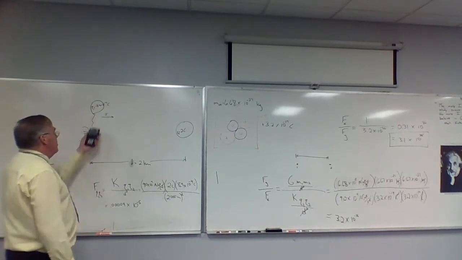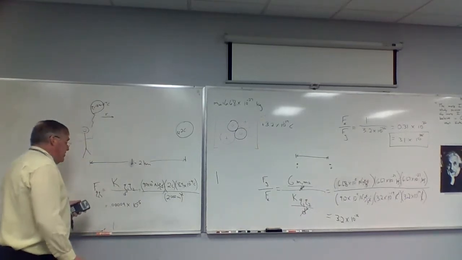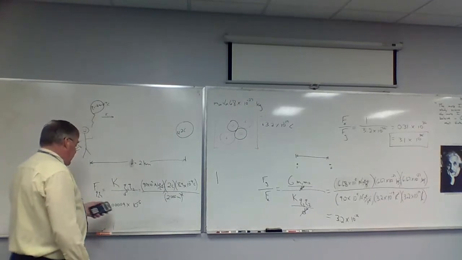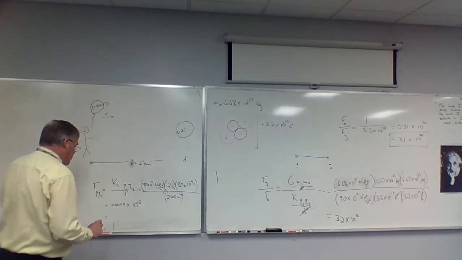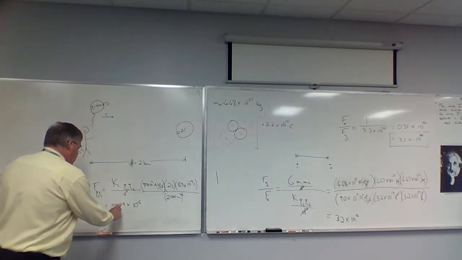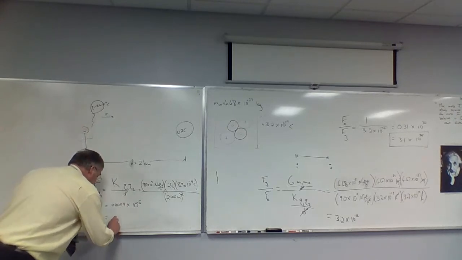So the pull on this balloon between these 2 objects, and they're the only 2 objects in the universe, is equal to, the electrostatic attraction force is, we can move this, 1, 2, 3, 4, 5. It's 4 newtons.